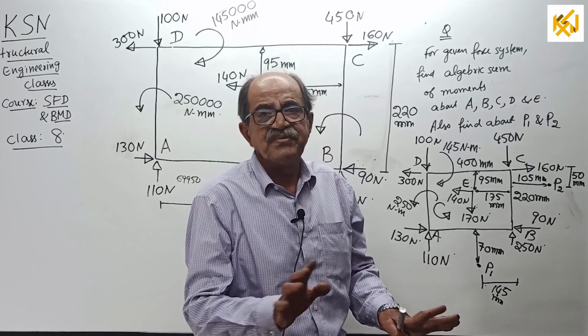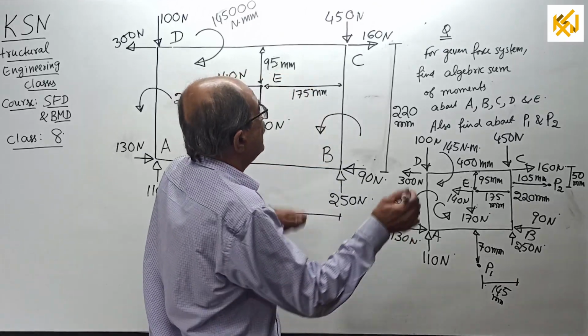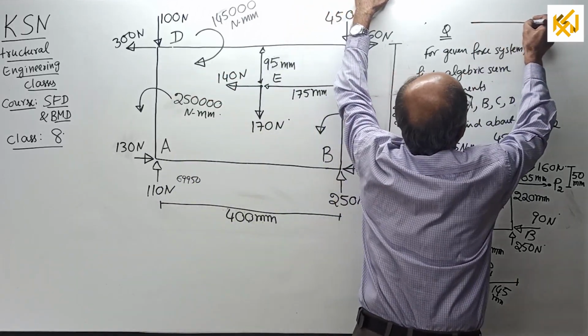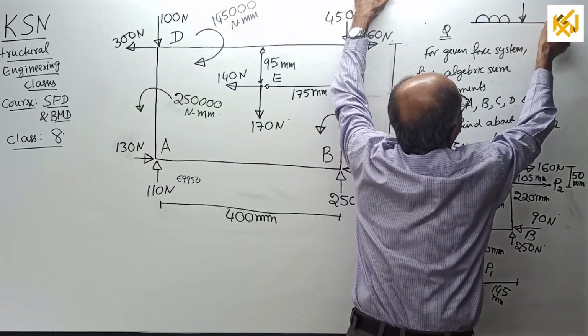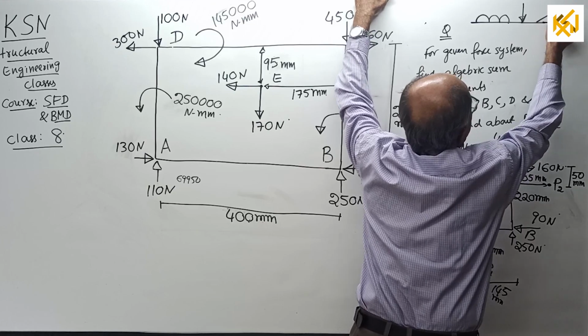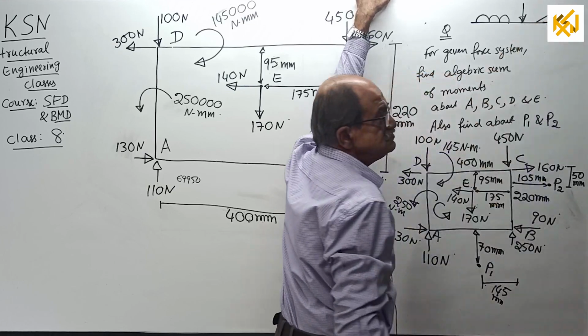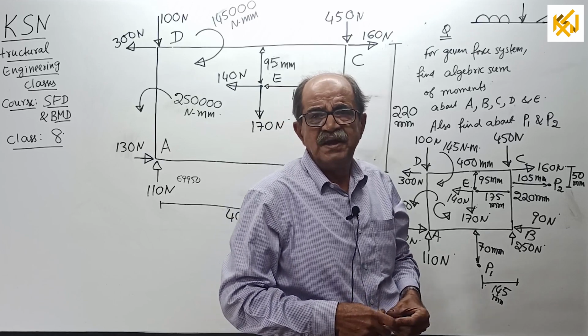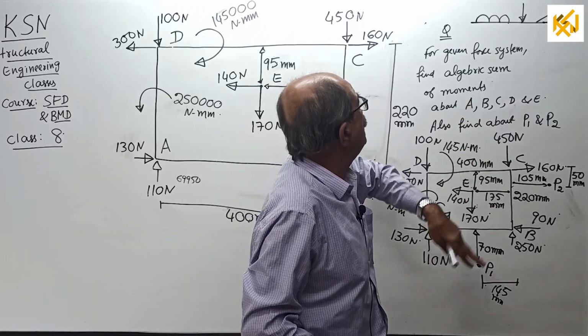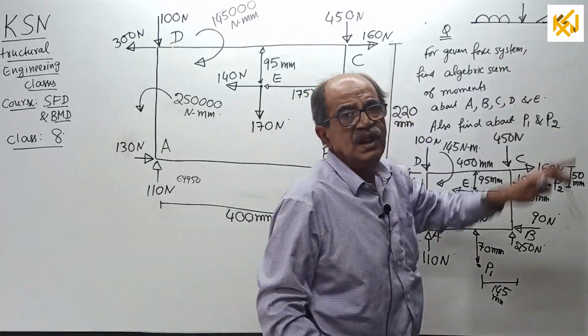In case of beams for SFT-BMD, any loading given, point load or varying load, no problem. This was covered last time, but some will say last time only point load, now you have UDL, UVL, no problem.